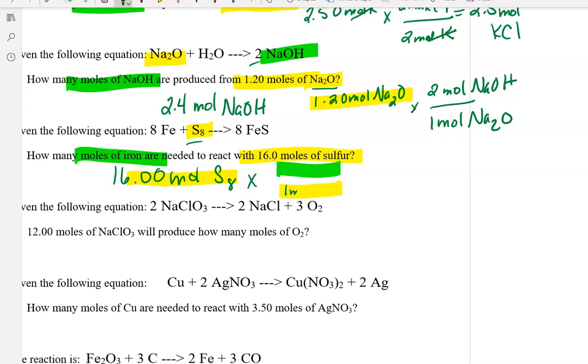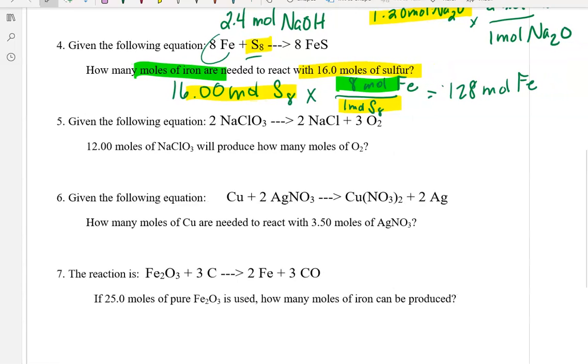We have 1 mole of S8, and we have 8 moles of iron. So 16 times 8 is going to be 128 moles of iron that will be needed to react with the sulfur, the S8.